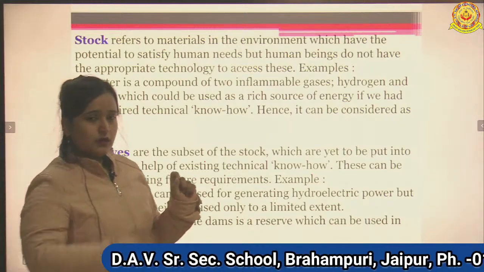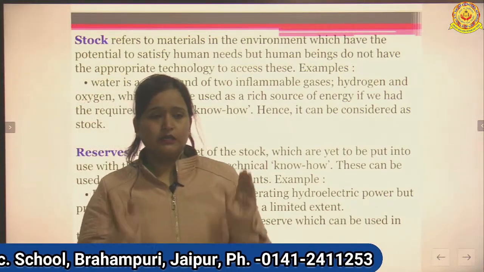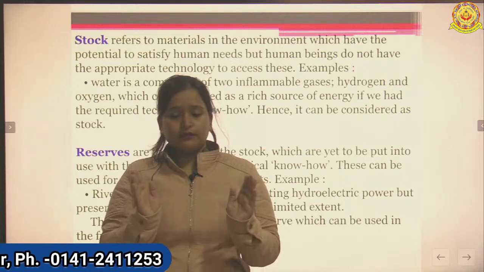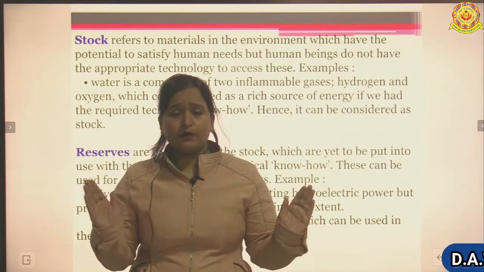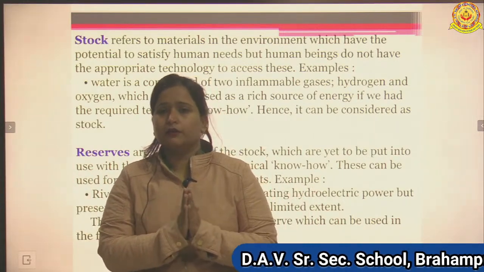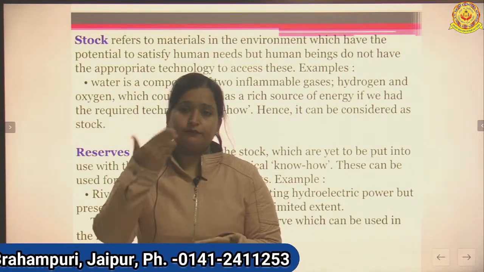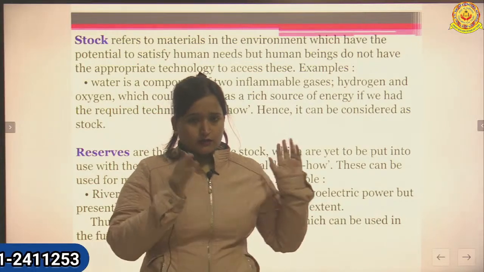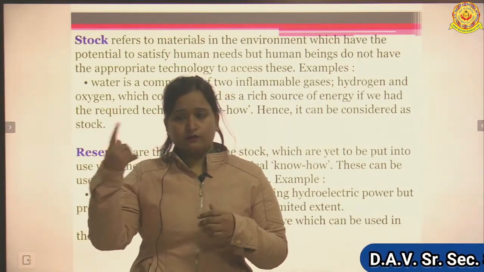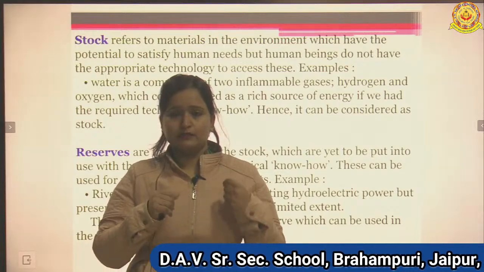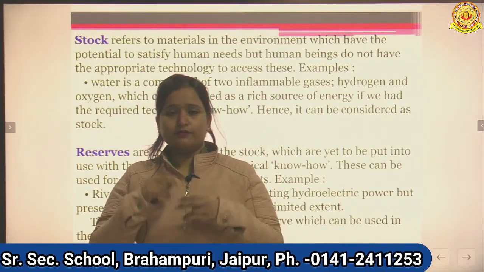Understood, all of you? Again I am repeating, stock is a thing which we know that we have in a bulk amount, but we are really not able to use it in the way that we want to use it. So for example, water is a compound of two inflammable gases, hydrogen and oxygen.